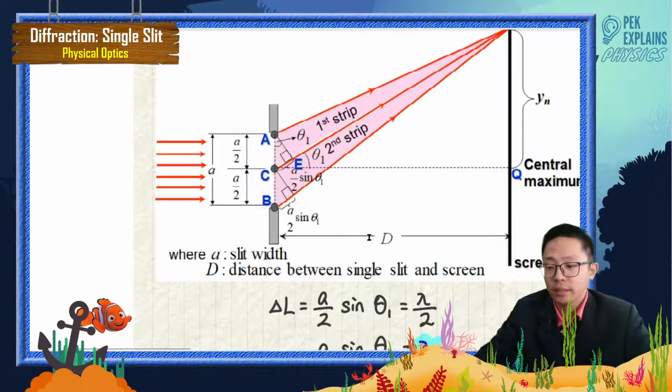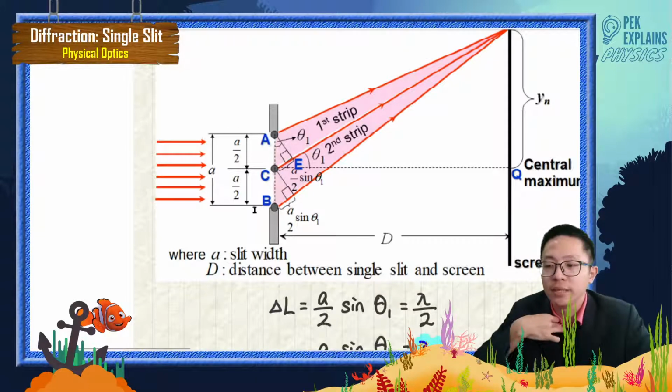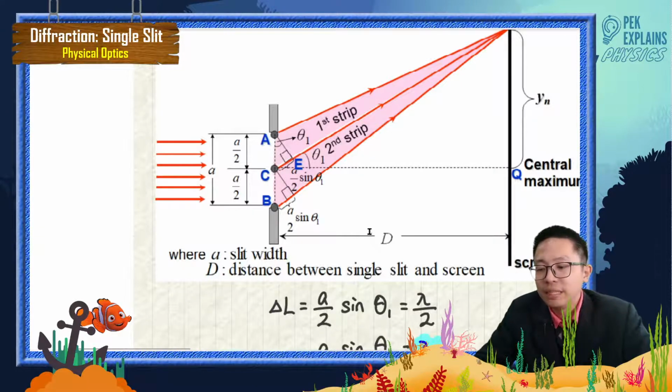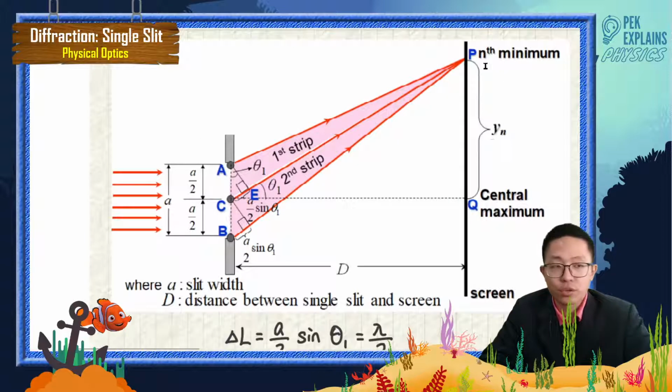The symbol d for double slit is the separation between the two slits, while this one is the size of the single slit. And big D is the same as in double slit. D is the distance of the screen from the single slit, the distance between the single slit and the screen.